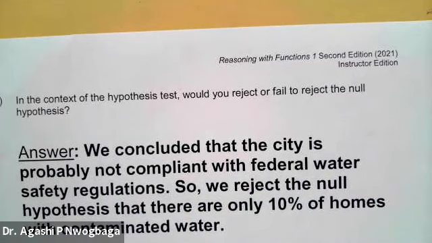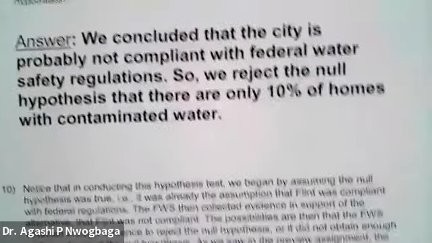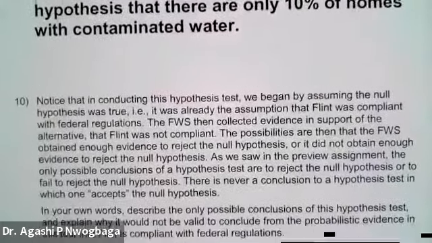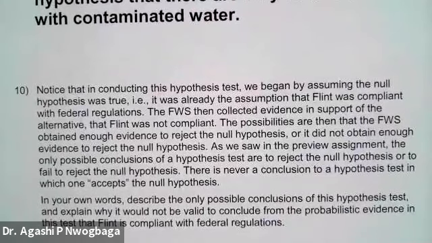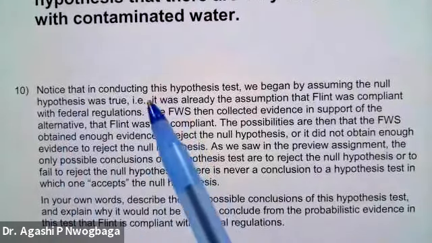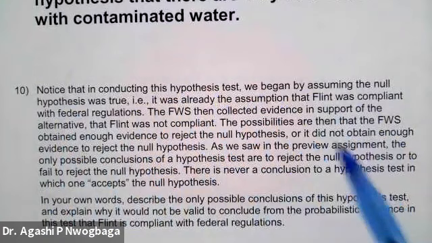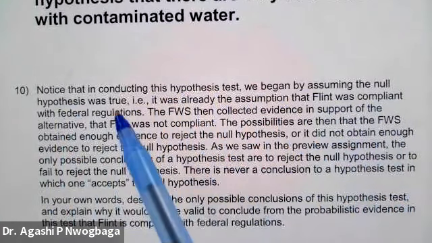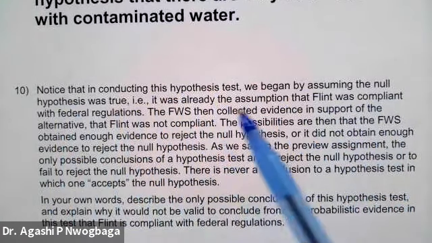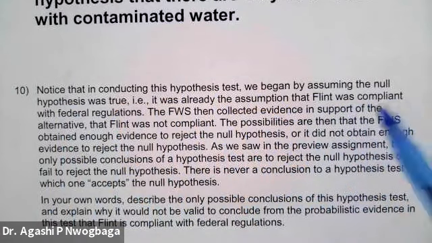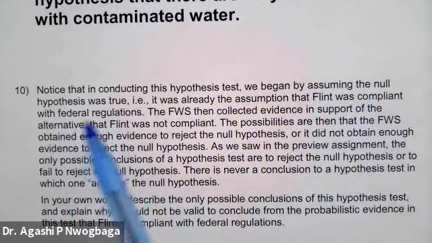All right. This takes us to number 10. Notice that in conducting this hypothesis test, we began by assuming the null hypothesis was true. That is, it was already the assumption that Flint water was compliant with federal regulations.